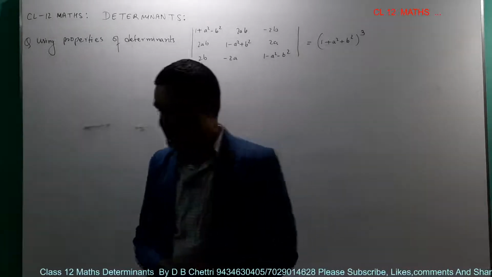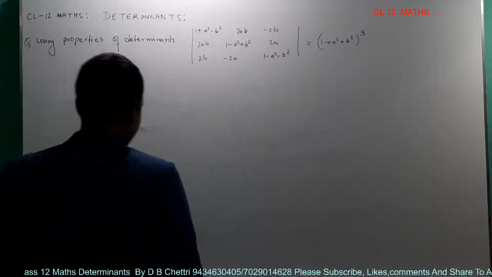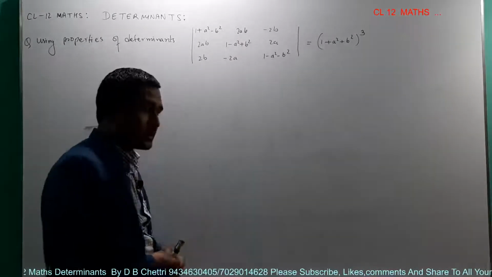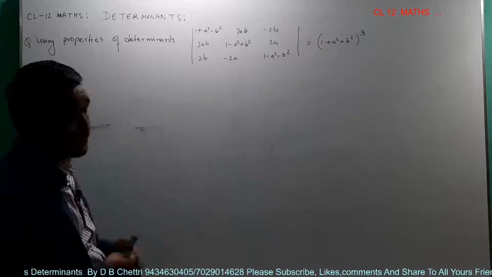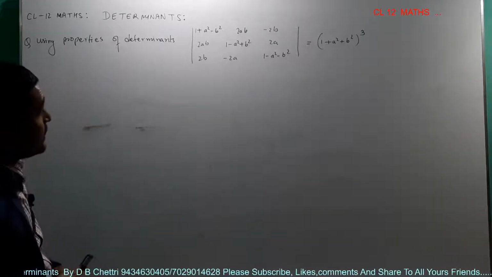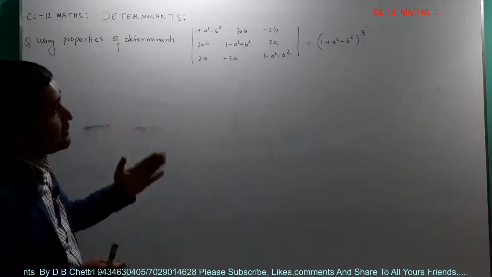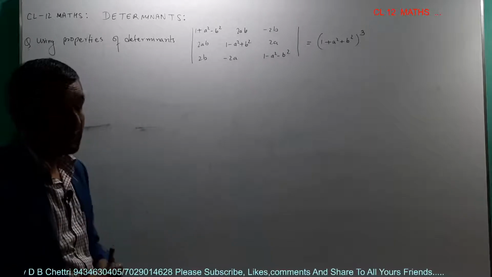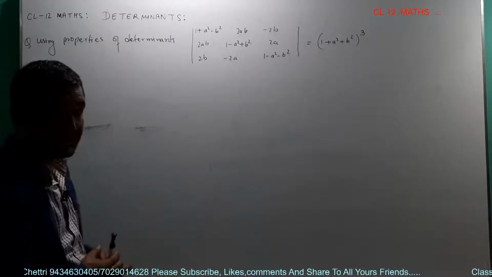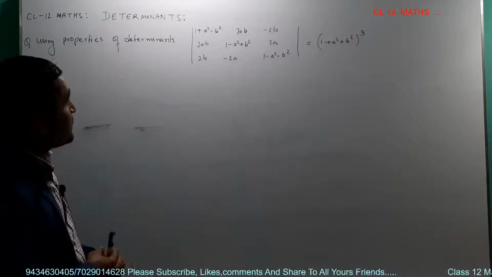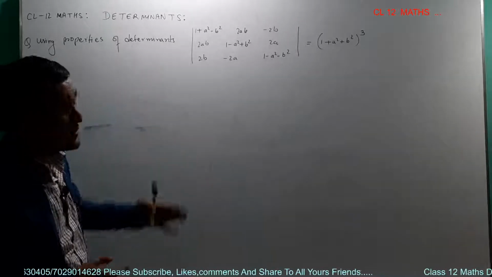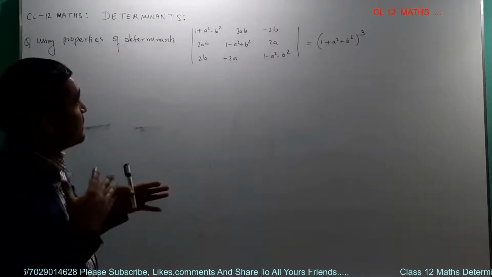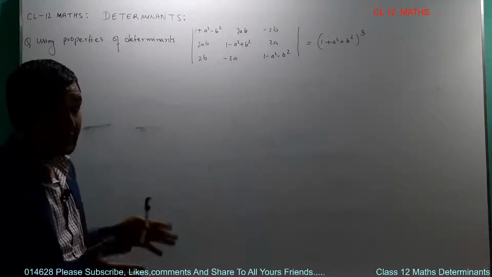Now let me start today's session. We are learning many examples of how to utilize the properties of determinants to solve questions in an easy way, because we can't solve these questions directly without making zeros within the determinants.